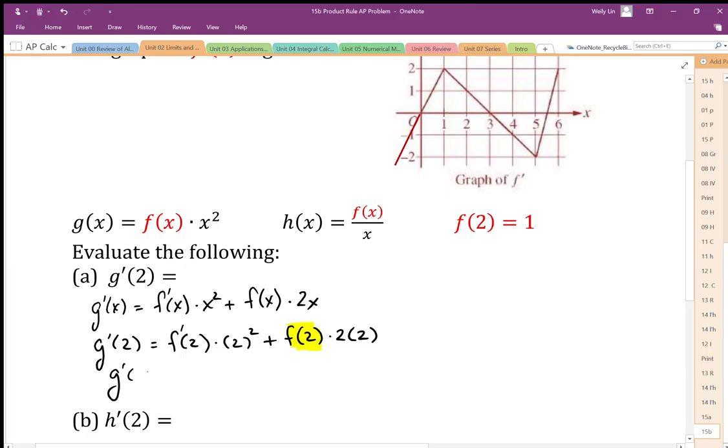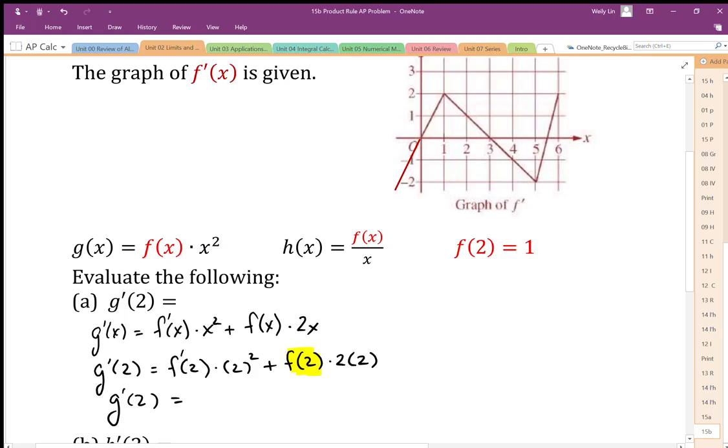So we end up with g prime of 2. To find out f prime of 2, I actually go to the f prime graph, and f prime of 2 is equal to 1. So it's going to be that blue point right here. That's f prime of 2. So that's equal to 1. So I'm just going to fill that in, times 2 squared. Well, that's going to be 4.